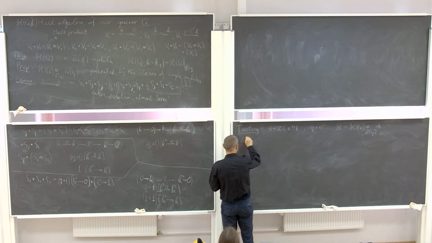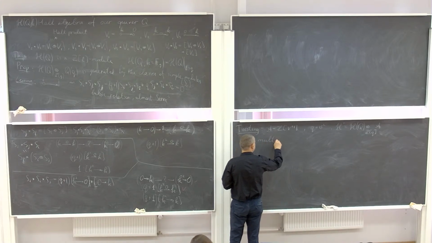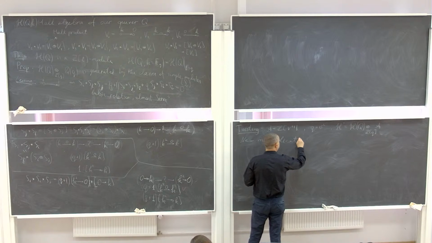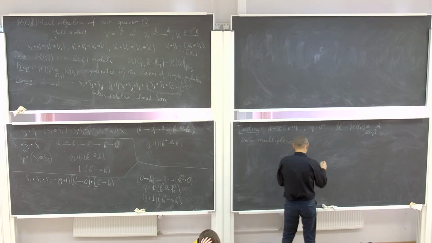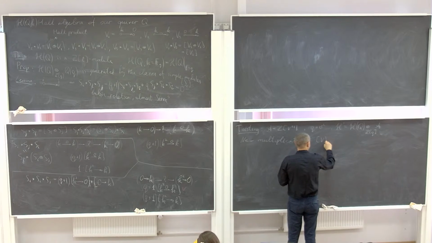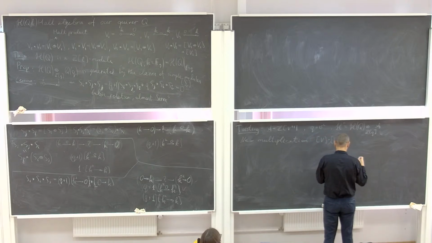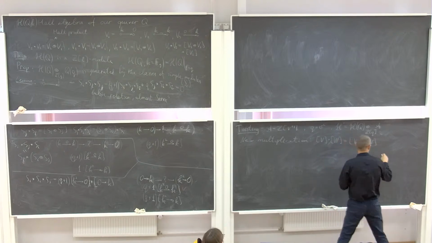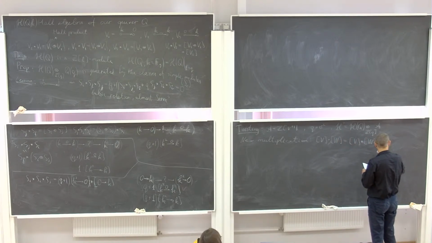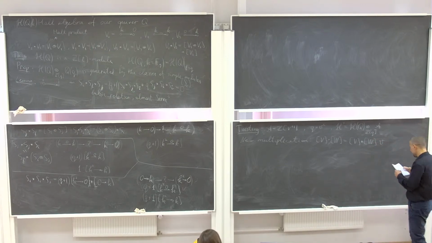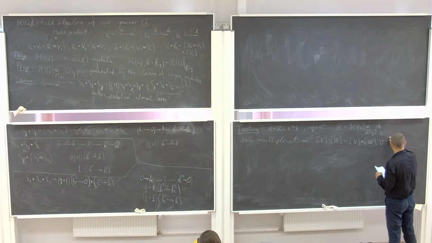And the new multiplication is the old Hall multiplication with a certain power of v, namely we take the dimension of V, dimension of W, and their Euler form.